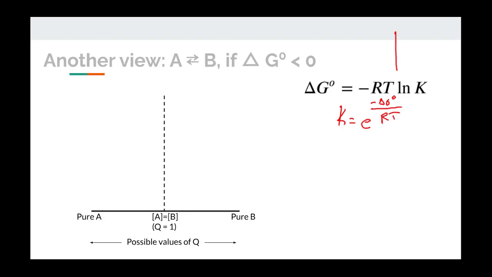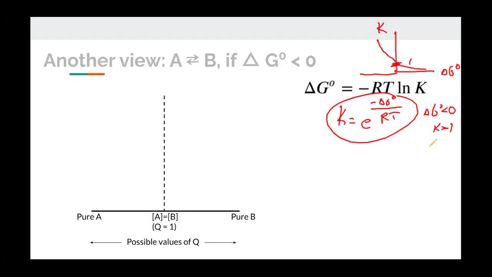And then if we put delta G naught on the horizontal axis and we put K on the vertical axis, this function is going to give a graph that looks like this. And that crossing point there is at 1. So that means if delta G naught is less than 0, K is greater than 1, and if delta G naught is greater than 0, K is less than 1.